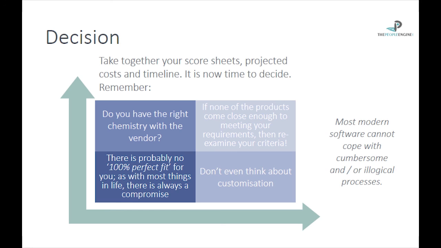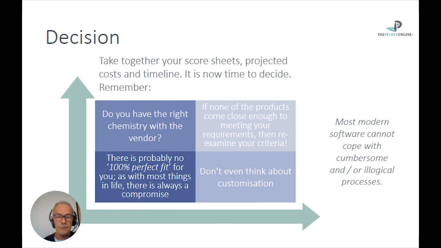Now, I have to tell you, it's very rare for modern software not to be able to cope with most things. The things they can't cope with is where you have some really arcane sort of practices or some really complex, possibly unnecessarily complex process. So look at what you're asking for again. And finally, don't even think about customization. Configuration is where you switch and configure.